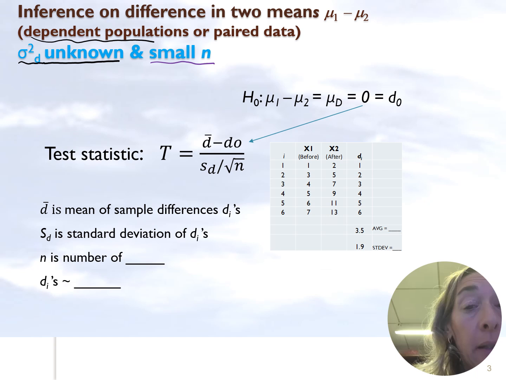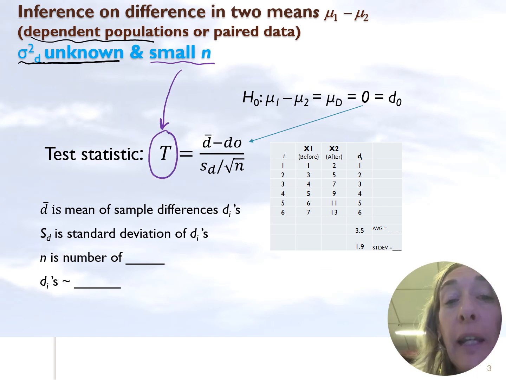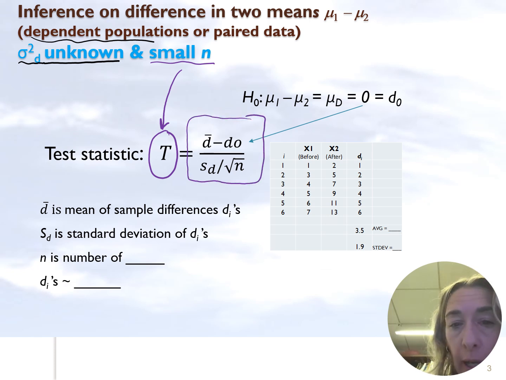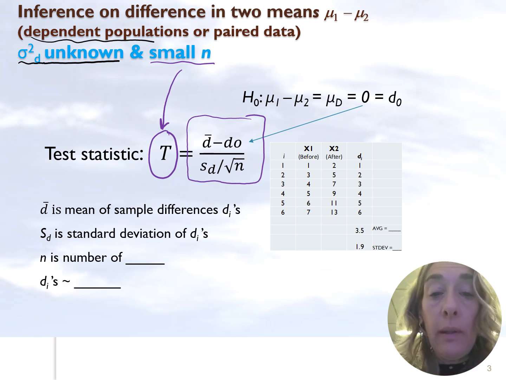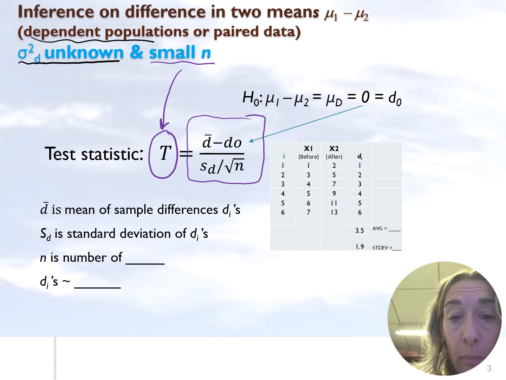In that case, as you've become familiar with, we have to use the T distribution. This is what the T test statistic looks like, and you'll notice that instead of the sigma in the denominator, we have the sample standard deviation in the denominator.